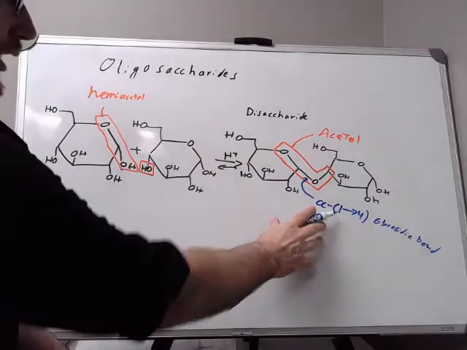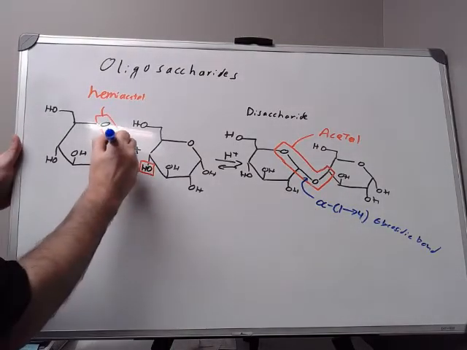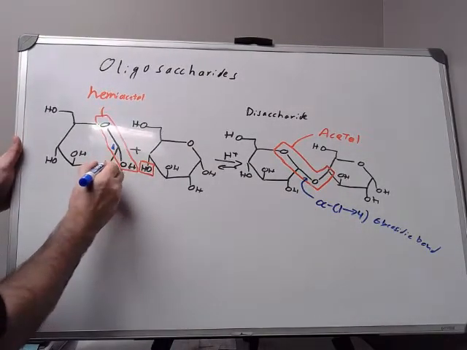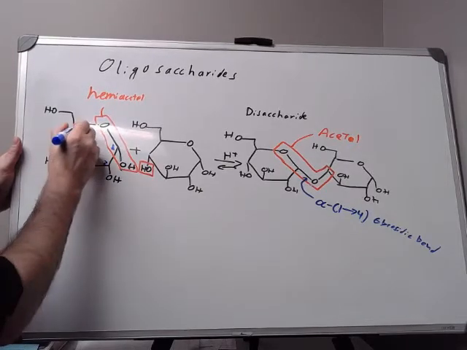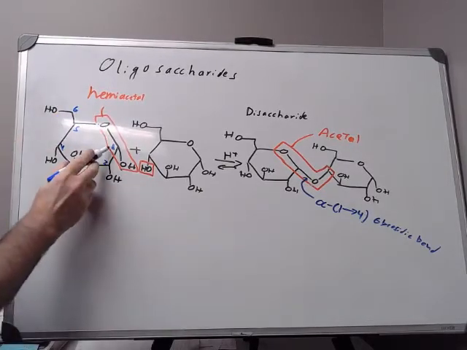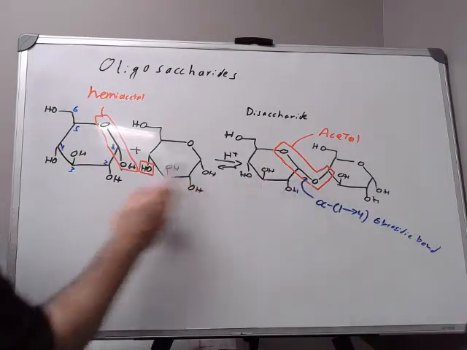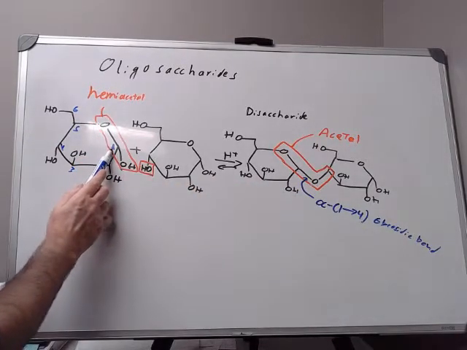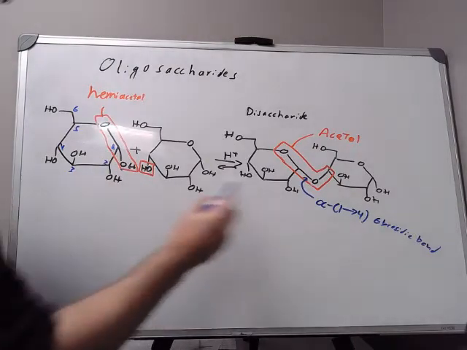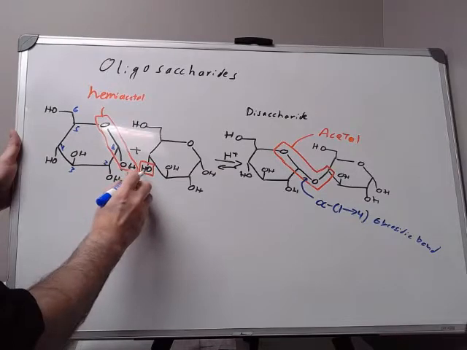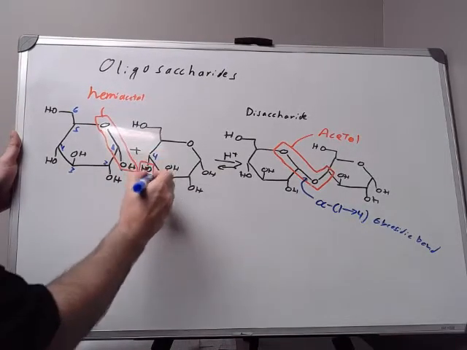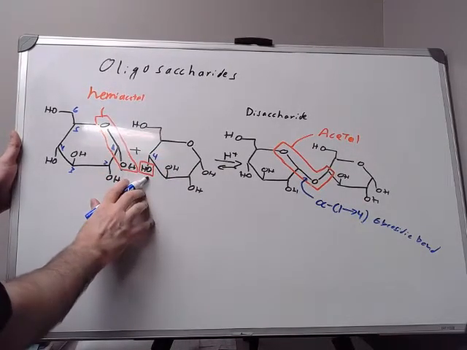Why is it 1? That's because this is carbon 1, 2, 3, 4, 5, and 6. Because the hemiacetal oxygen comes from carbon 1 of our first monosaccharide, and it joins to the hydroxyl on carbon 4 of our second monosaccharide.